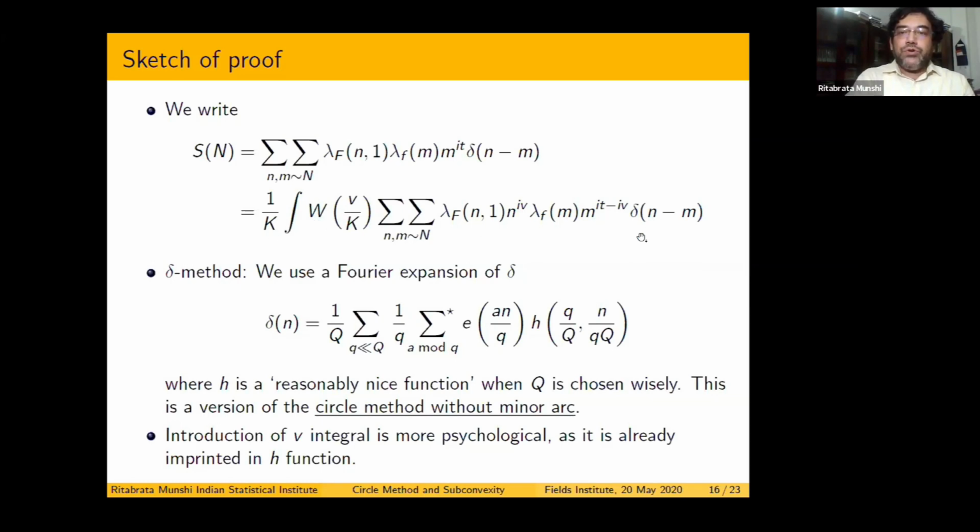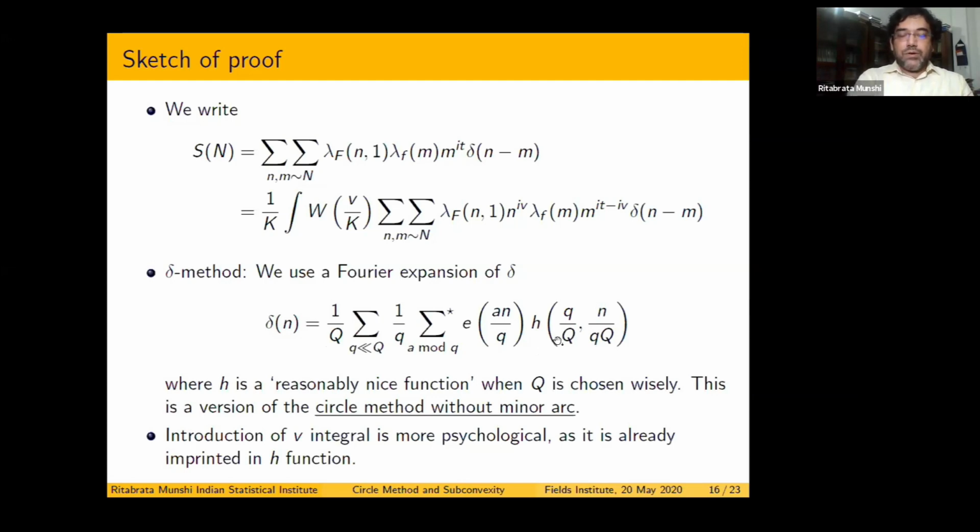Then I want to replace this Kronecker symbol by a Fourier expansion. This is the circle method part. The circle method that I'm going to use is called the delta method, which says that delta(n) has such a Fourier expansion where capital Q can be chosen as anything positive, and then h is a certain function which is reasonably nice if you pick capital Q to be large enough.